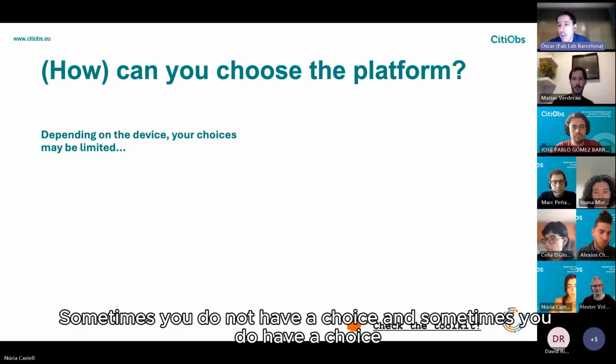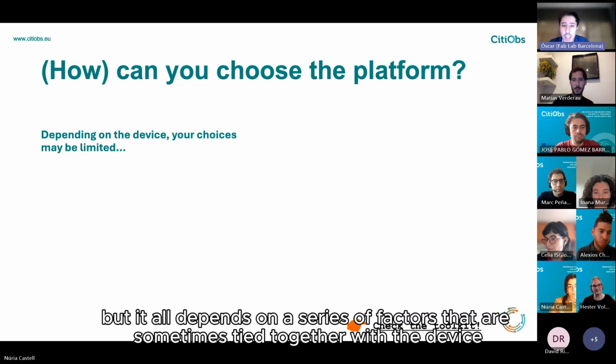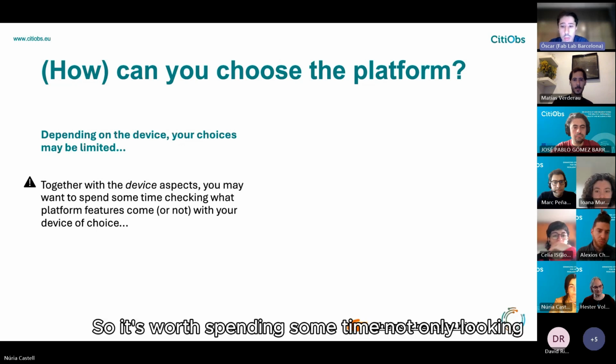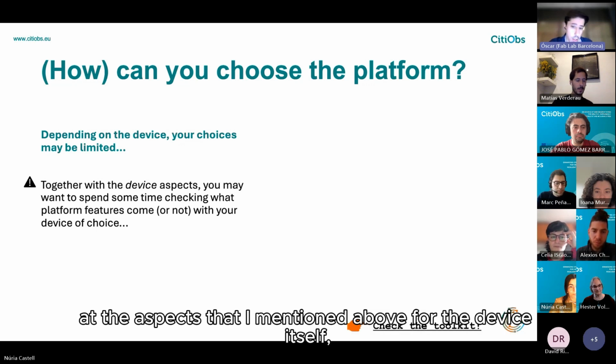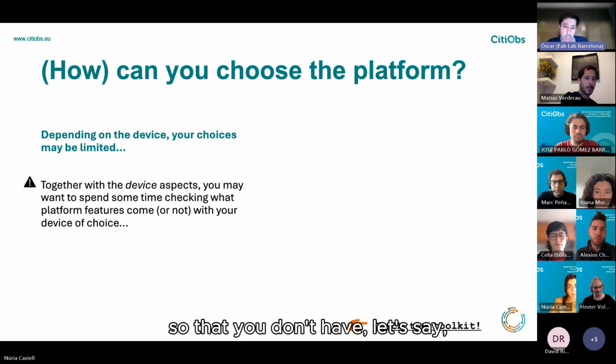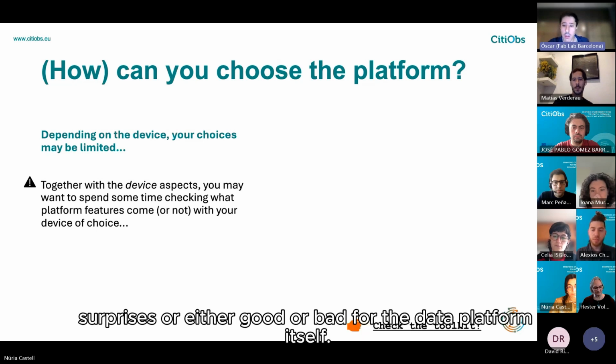Sometimes you do not have a choice, and sometimes you do, but it all depends on a series of factors that are sometimes tied together with the device. So it's worth spending some time not only looking at the aspects that I mentioned above for the device itself, but also on the platform that comes attached to it, so that you don't have surprises, either good or bad.